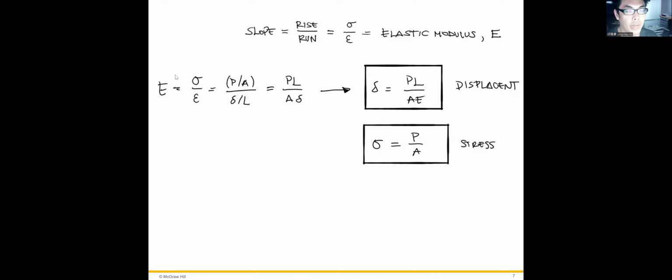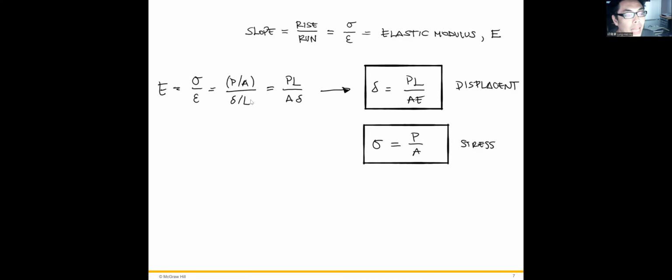Okay, therefore we can define the elastic modulus. It's the slope of the stress and strain curve, equal to sigma divided by epsilon, the stress divided by the strain. The stress equals the force divided by area, and epsilon equals delta, the change of length, divided by length.